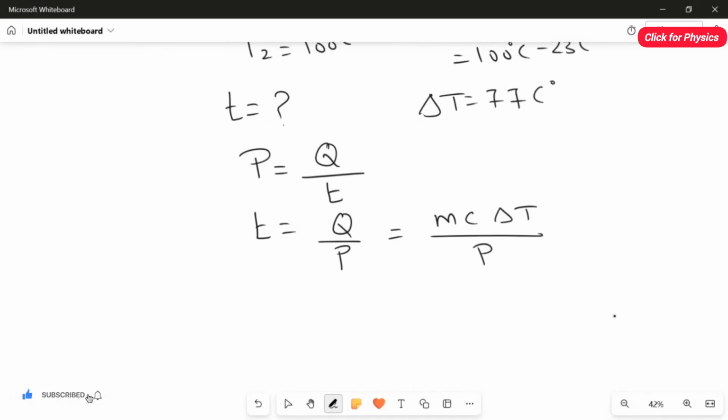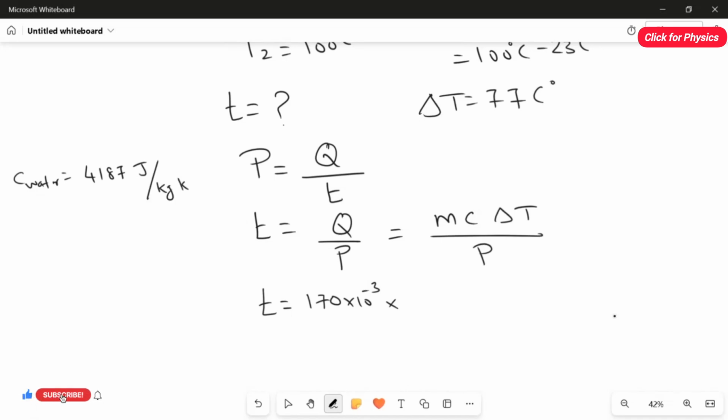Now we can easily substitute the value, because we already have all the values here. So let's substitute the value. The mass of the water here is 170 gram. So 170 multiply 10 power minus 3 multiply by, what is the specific heat capacity of the water? The specific heat capacity of the water is 4187 joules per kilogram Kelvin.